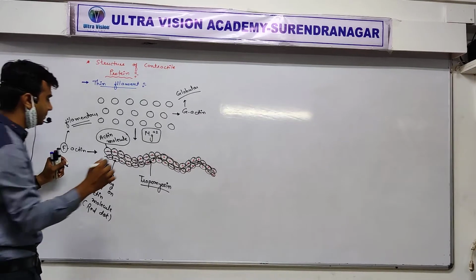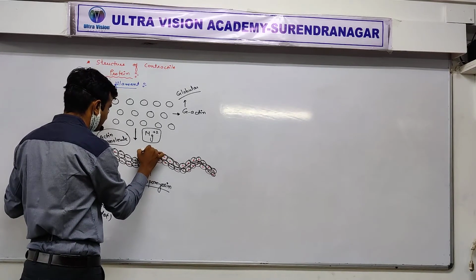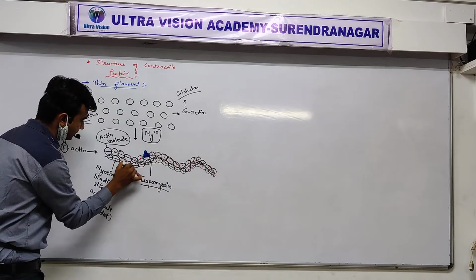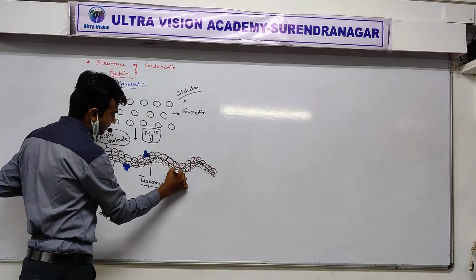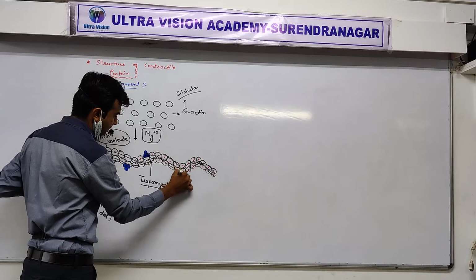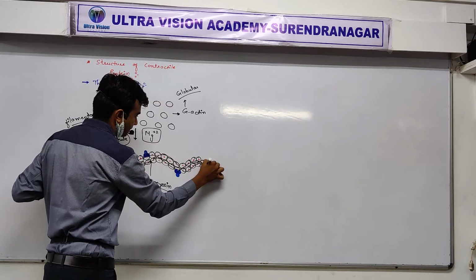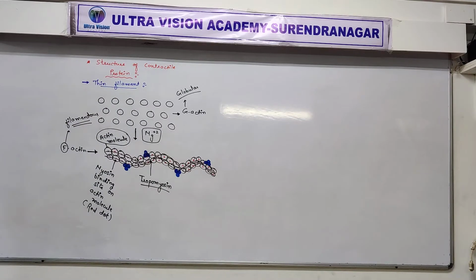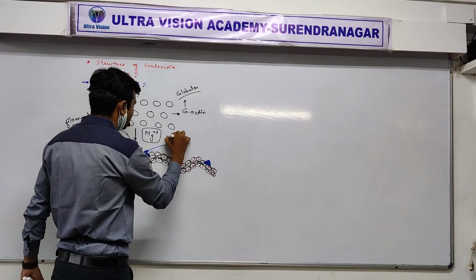And now, at particular intervals on the tropomyosin, 3 molecules are there. These molecules are known as troponin.